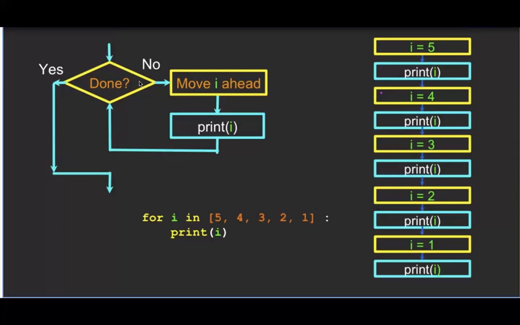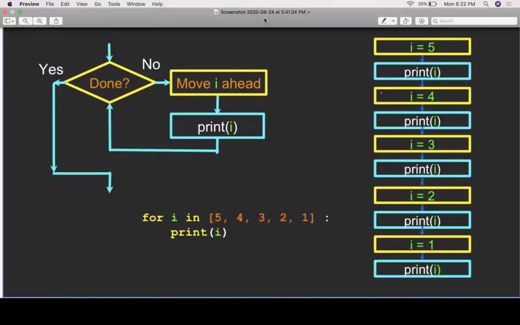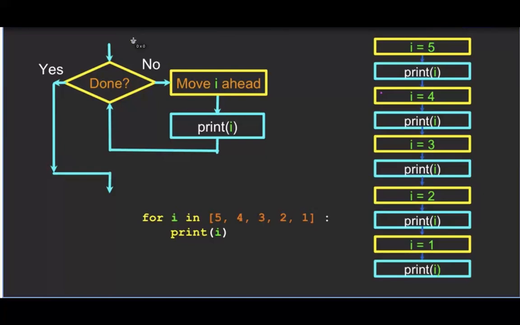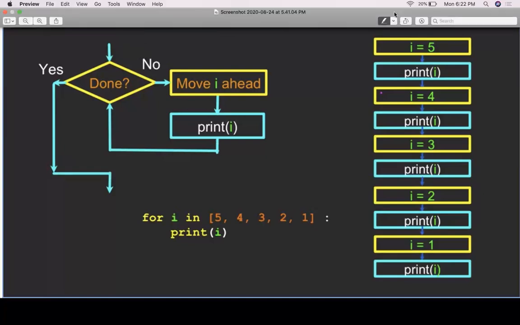Is the loop completed? No, the loop is not completed. i is updated, but the previous i is printed as we have commanded it. Then it goes back in the loop and asks, is the loop done? Is the index completed? So it was index 0 over here. Let's write. Yes. Okay. So it was index. Why is it not writing?